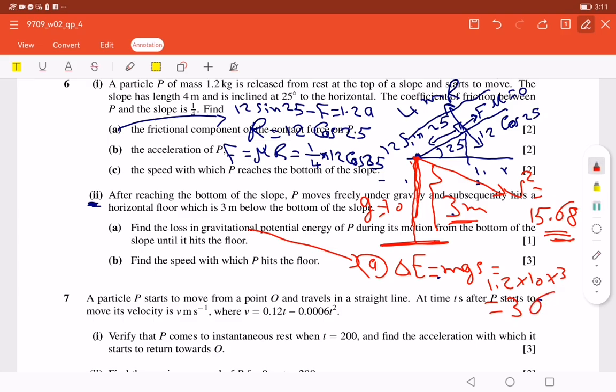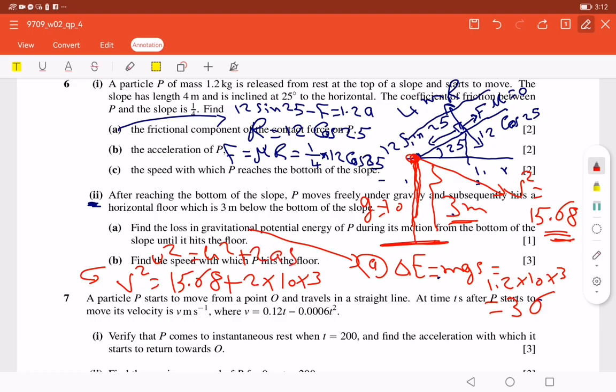The second item, B, find the speed. To find the speed, we need to find the last velocity at the floor, which is v. So v squared equals u squared, the velocity at the bottom of the slope, which is 15.68, plus 2as, meaning 2 multiplied by 10 multiplied by 3, from the equation v squared equals u squared plus 2as.